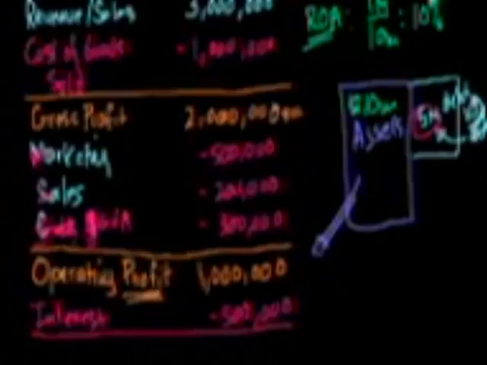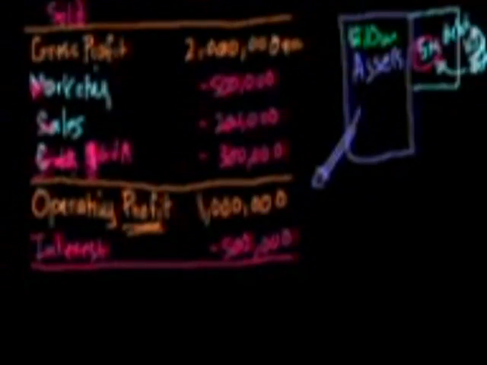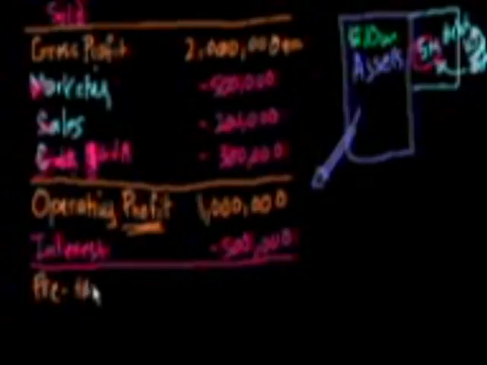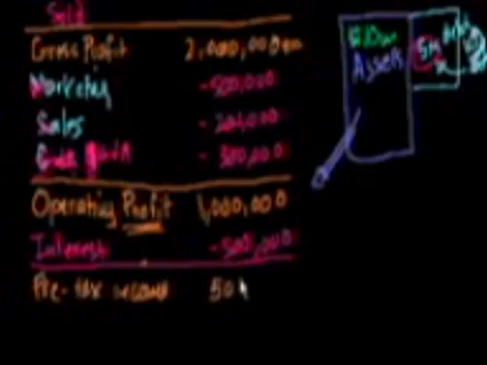And now we're getting close to where we need to get to. We're left with our pre-tax income. And if we do the subtraction, we're at $500,000. You could guess what the next line is going to be, given that this says pre-tax. This is what the owners of the company get before they pay the government.